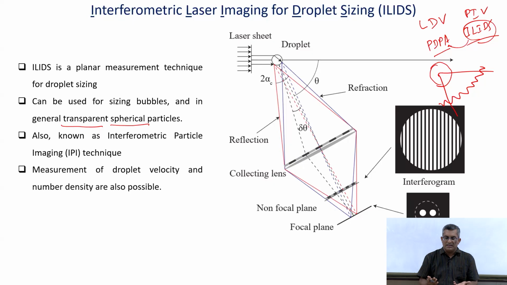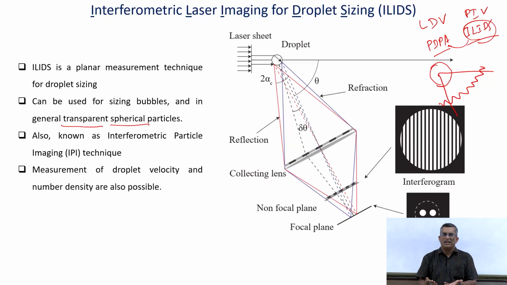But why are they interfering to produce a fringe pattern? Because there is some path difference created. As you can see here, the light which is refracted travels a longer distance, so there is a path difference, which also causes a phase difference.